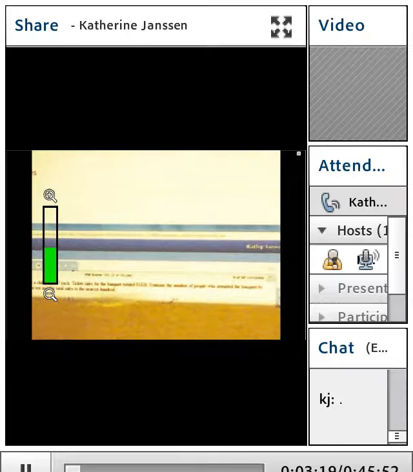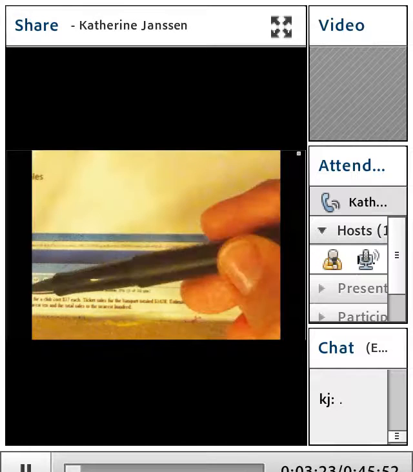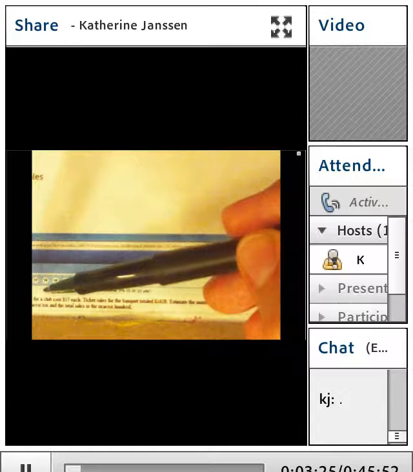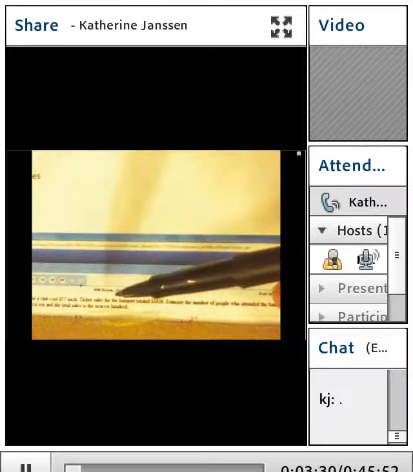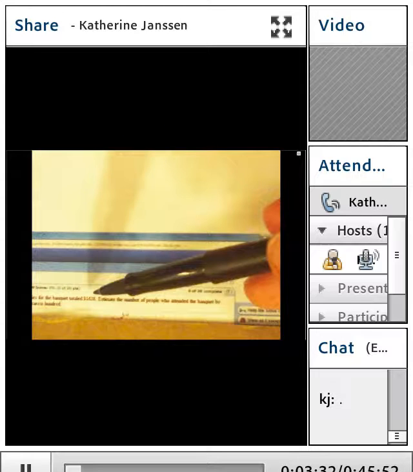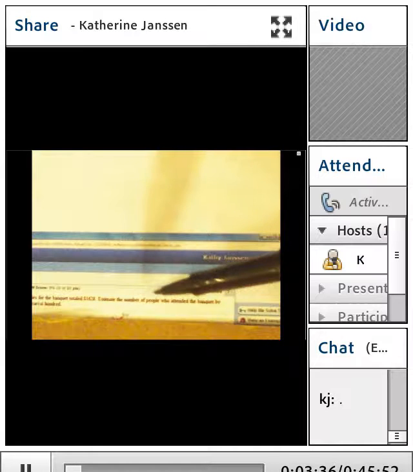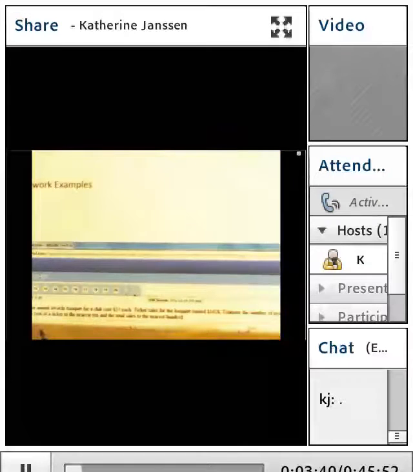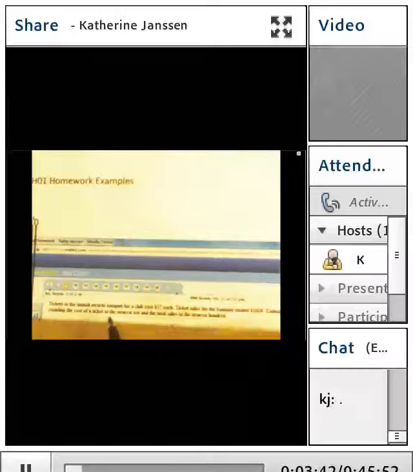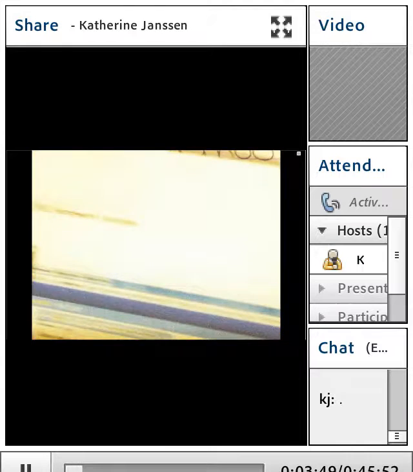Trying to make it a little larger here for you. So this is a story problem. Tickets to the annual awards banquet for a club cost $37. Ticket sales for the banquet totaled $1,628. Estimate the number of people who attended the banquet by rounding the cost of the ticket to the nearest 10 and the total sales to the nearest 100.